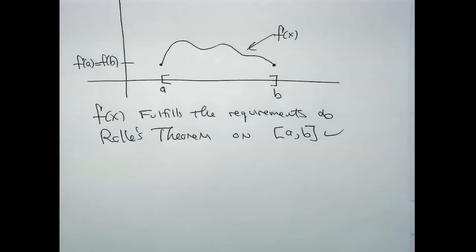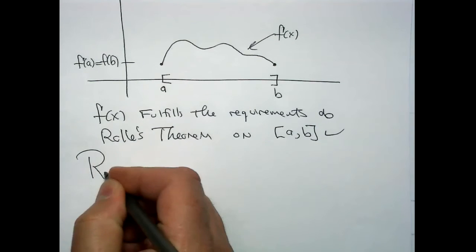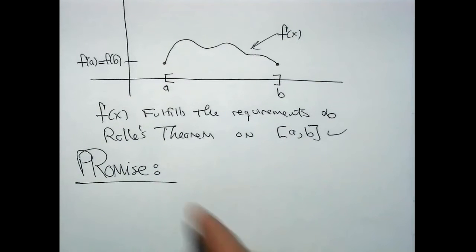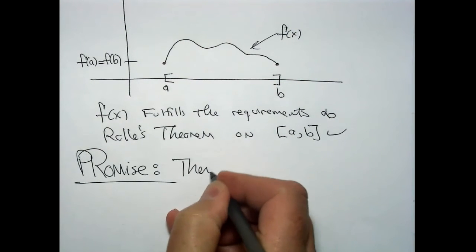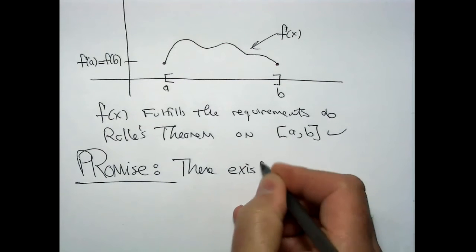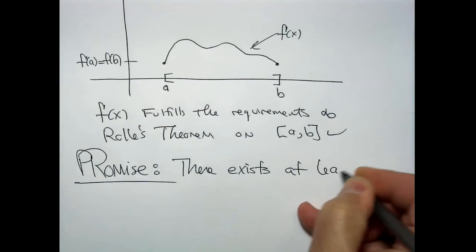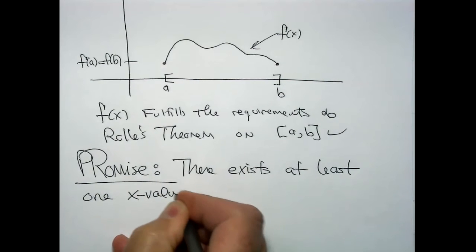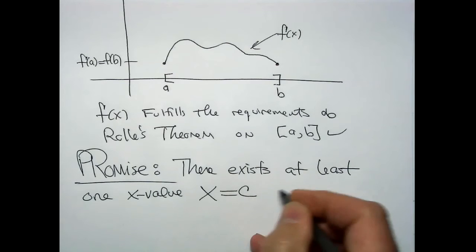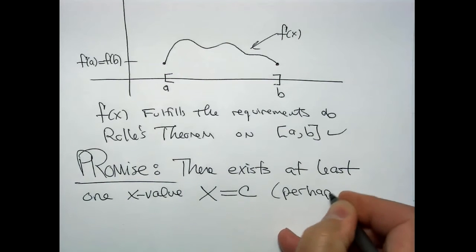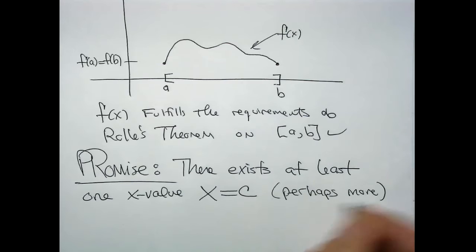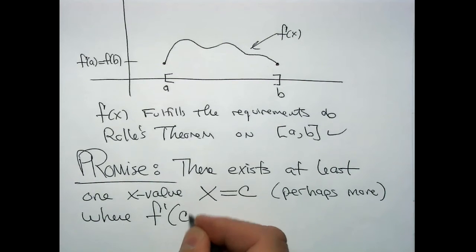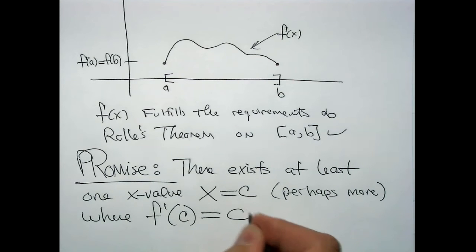This is what Rolle's theorem promises. The promise. The promise is that there exists at least one x value, perhaps more, where f prime of that magic x value is 0.